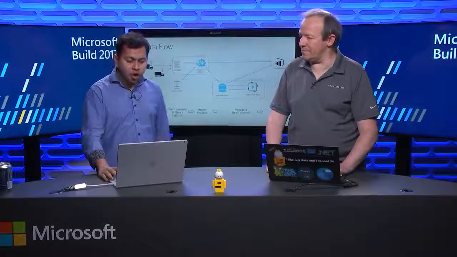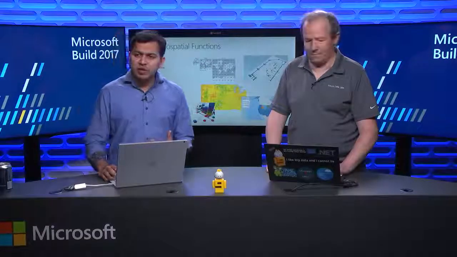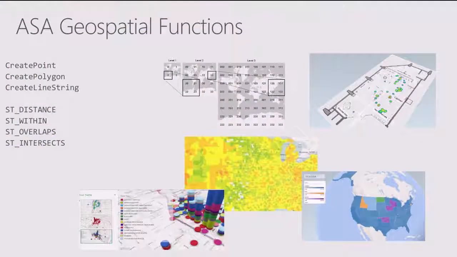Now, I also want to talk to you about the geospatial functions that are natively available in Azure Stream Analytics. Azure Stream Analytics, as you might be aware, provides a SQL-like query language that enables you to ask questions on data that is streaming in.